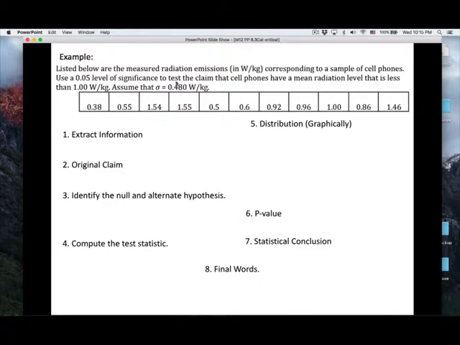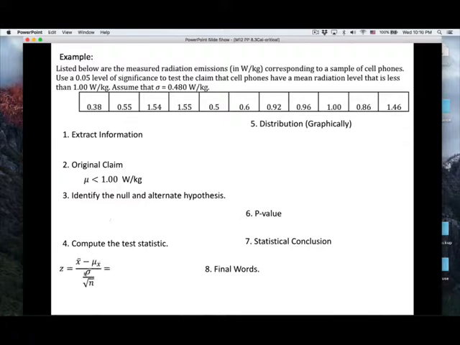Okay, so with the claim statement, test the claim that cell phones have a mean radiation level that is less than 1. Okay, so the mean radiation, we are working on the population mean and they give the population standard deviation. So we will be using the z distribution. So first, find out the original claim. That will be the mean less than 1 in here.